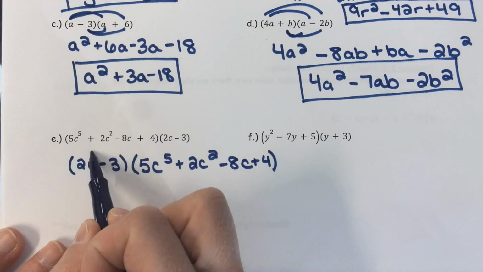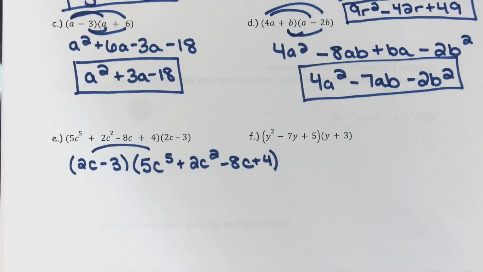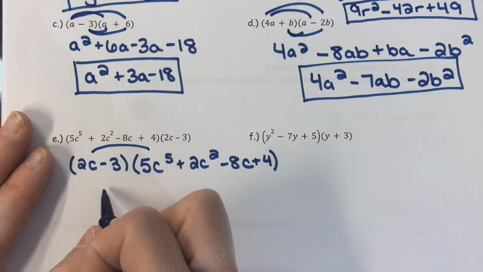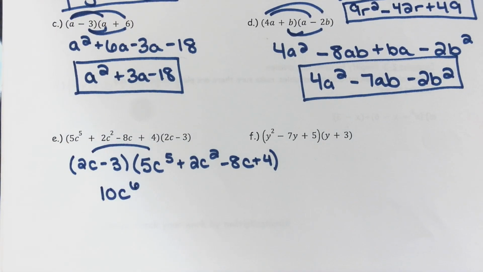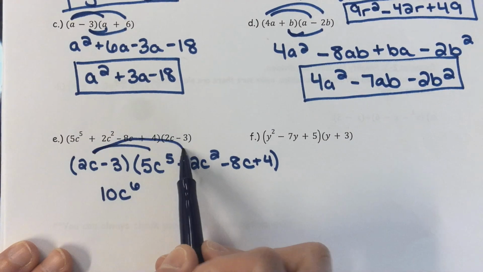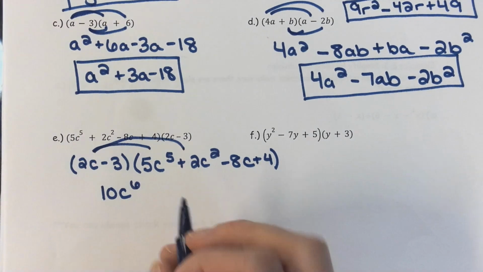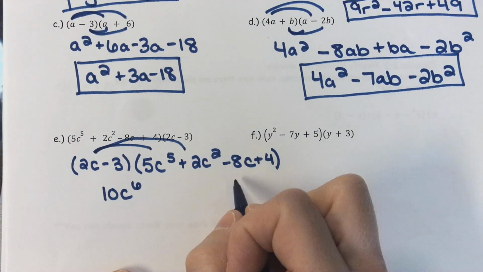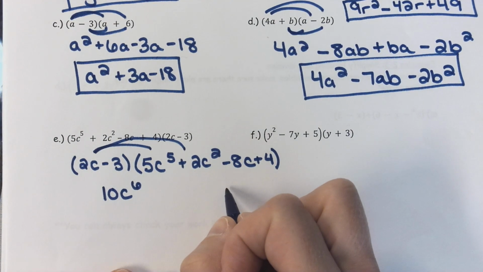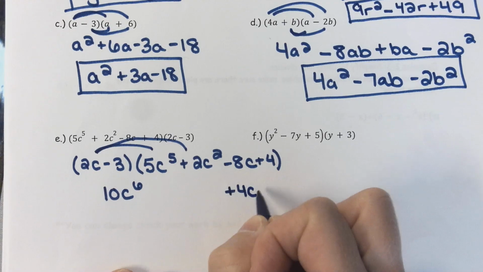All right. This one's even harder than the next one. See, the next one has fewer terms. All right, 2c times 5c to the 5th: 10c to the 6th. So remember, you add your exponents, you multiply the coefficients. 2c times 2c squared: 4c cubed. Yeah, I agree with that. I'm going to put a 4c cubed over here.